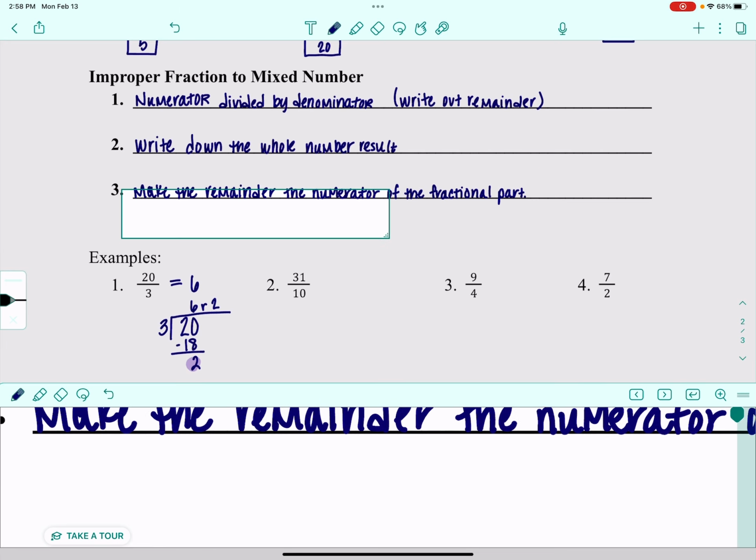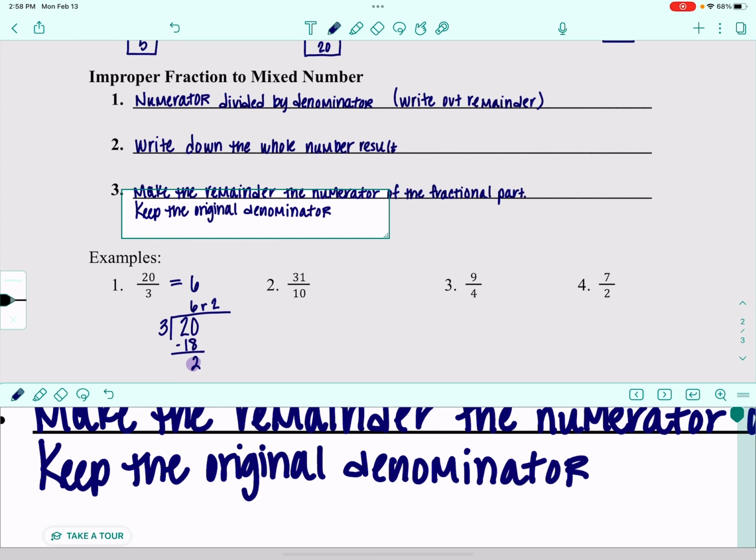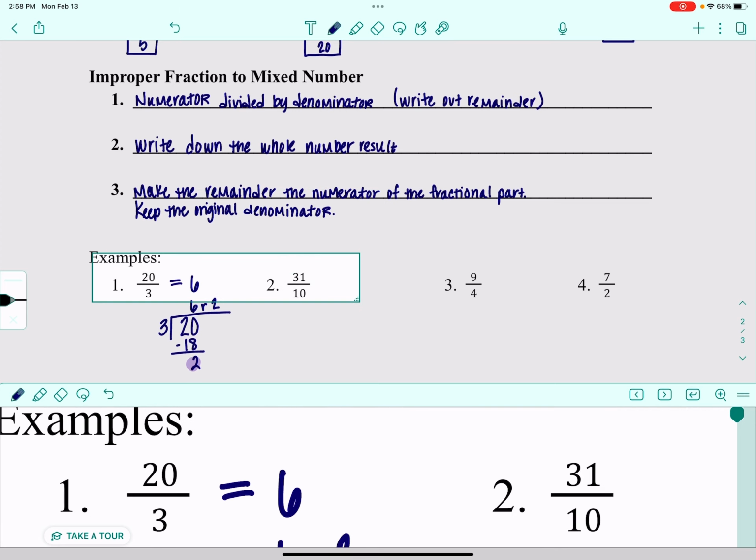We're going to keep the original denominator. So I write down the whole number result, that was the 6.